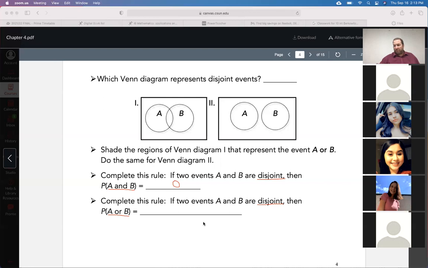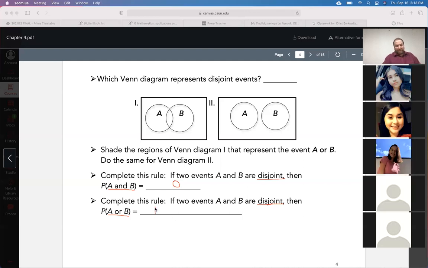Can anyone think of something that might work? What I can do is calculate the probability of just A by itself, ignoring B. I can calculate the probability of just B by itself, ignoring A, and then do what with those two numbers? Divide? Not divide. Multiply? Not multiply. Add. There you go.